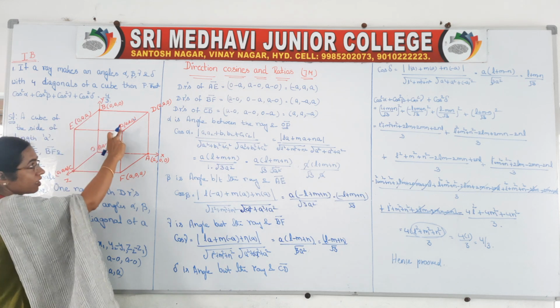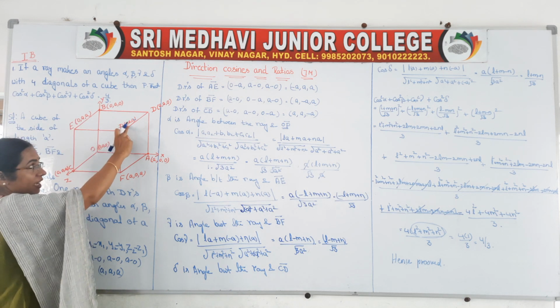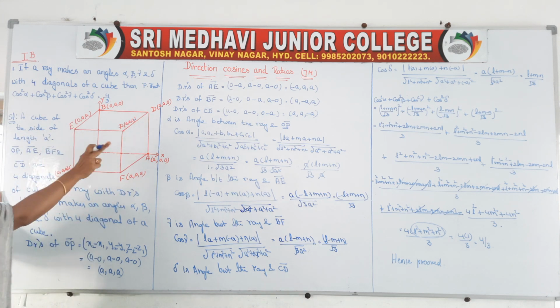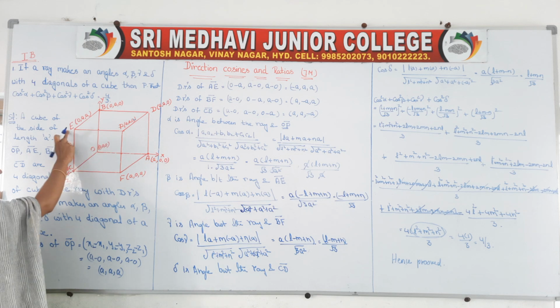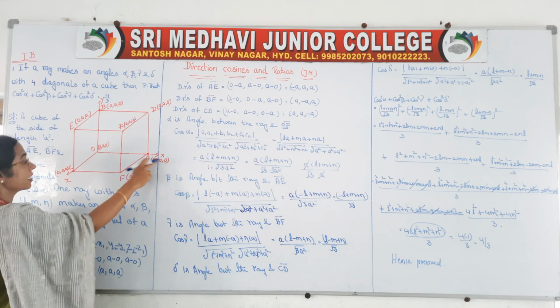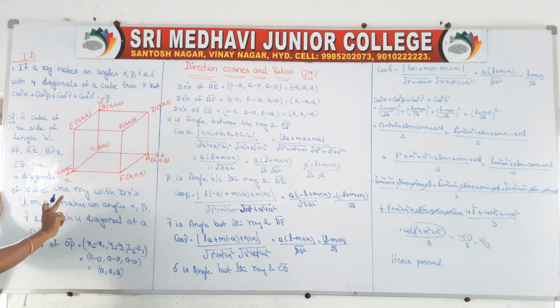And P lies in all of the XYZ, that's why A. This D lies in the XY plane, so XY coordinates will be there. E lies in the YZ plane, that's why Y and Z coordinates, and F lies in the XZ plane, that's why X coordinate and Z coordinate.